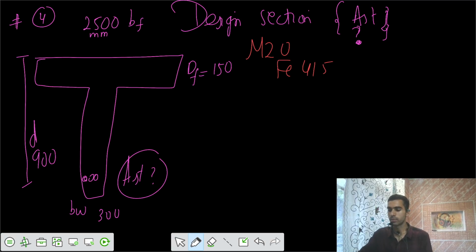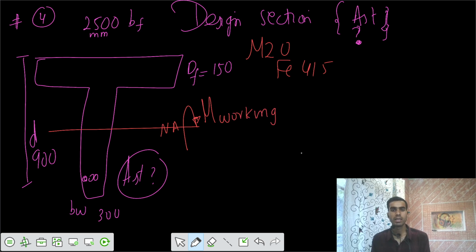Now what's the moment we're applying on the section? We need to see what is the moment we're applying on this cross section. Let's say the neutral axis is somewhere here. We're applying a working moment M equal to 1600 kilonewton meter.